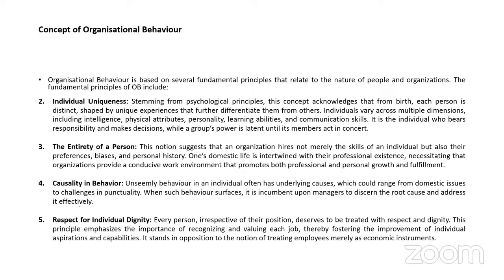And the next principle is respect for individual dignity. See, every person, irrespective of their position, should be treated with respect and dignity. Now, this principle emphasizes the importance of recognizing and valuing each job. Thereby, what it does is foster the improvement of individual aspirations and capabilities.